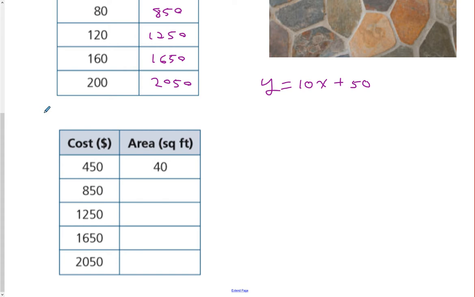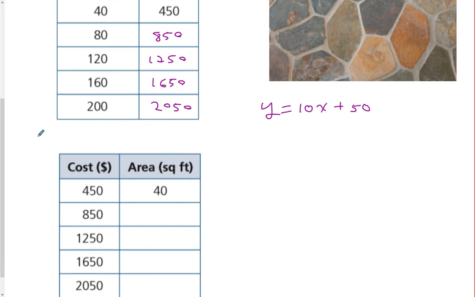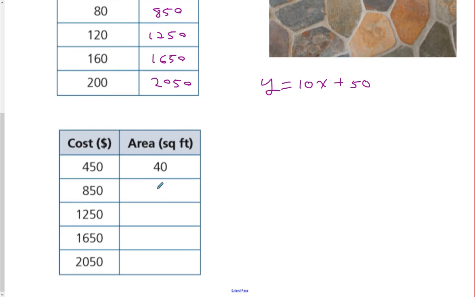How many square feet can I get done? What if I have a budget of 1650? How many square feet can I get done, etc.? So this is essentially the same problem, but it's a different way of looking at it. What we've actually done is swapped our x and y coordinates. So what used to be in x is now in y, and what used to be in y is now in x.